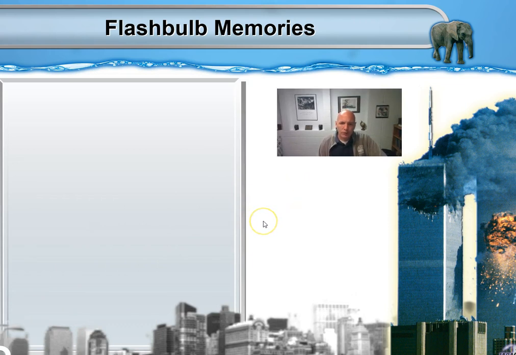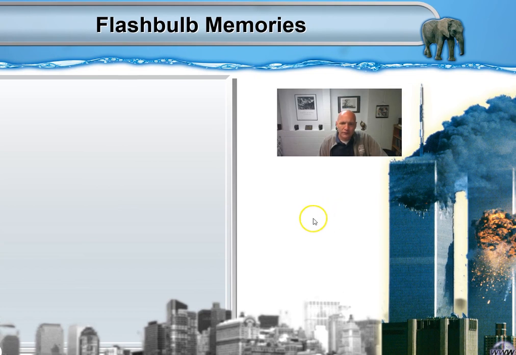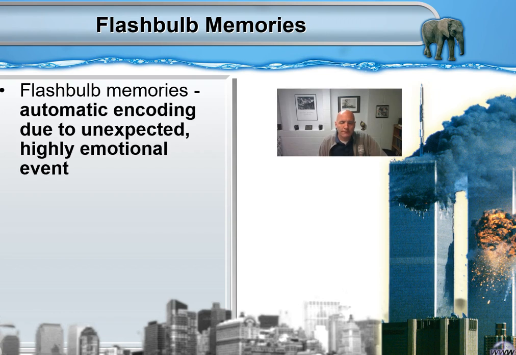Also with flashbulb memories, here you have the Twin Towers on 9/11. A lot of people my age can remember where they were on September 11th, 2001. And here we see that flashbulb memories are an automatic encoding due to an unexpected, highly emotional event.